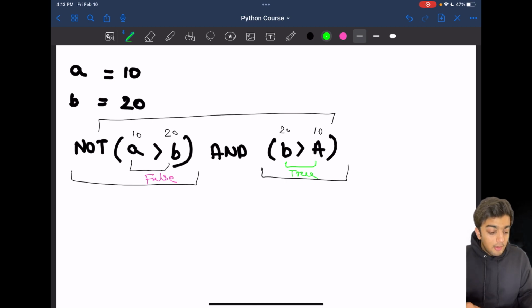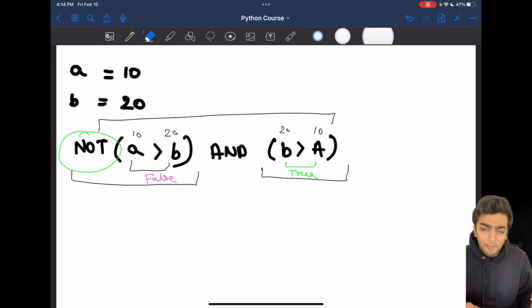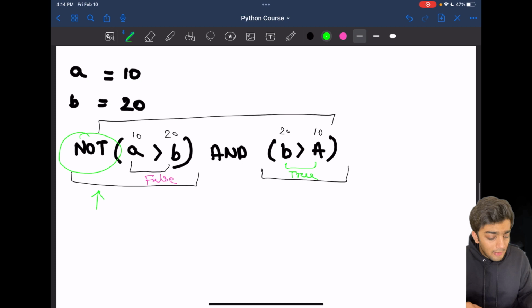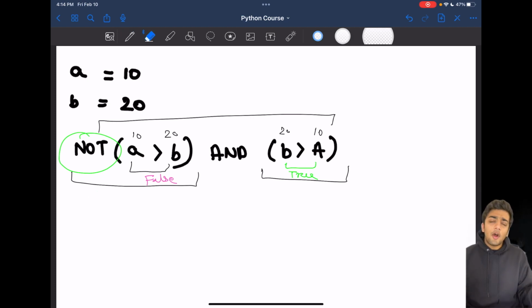Now, you've got a not value here, but you don't have anything here. So you really wouldn't worry too much about that. Let's take a look at the value on the left side. So what does a not operator do? A not operator basically just flips your true into a false and false into a true.